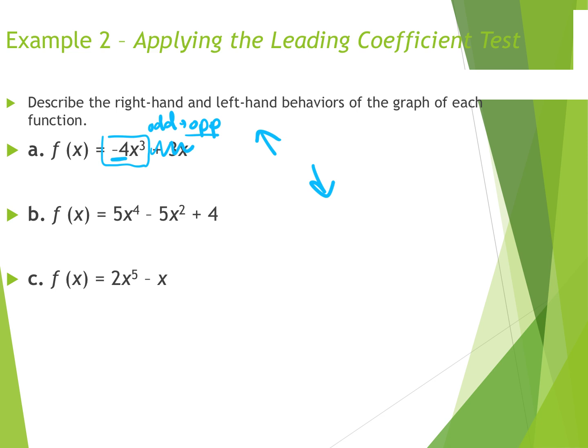For B, we're going to look at our highest degree term, so that's 5x to the fourth power. The rest of it does not matter. X to the fourth power is even, so do they go in the same direction or opposite directions? Same. So are they both going to go up here or both go down? They'd both go up. Our leading coefficient is positive, so they'd both go up.